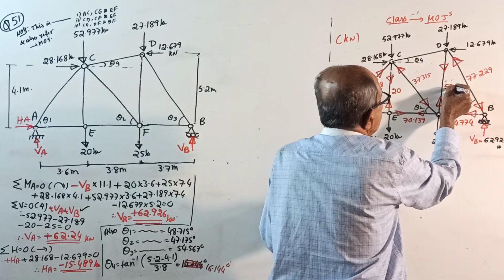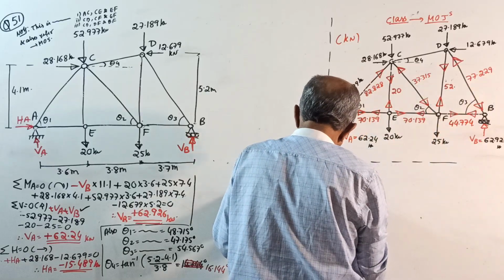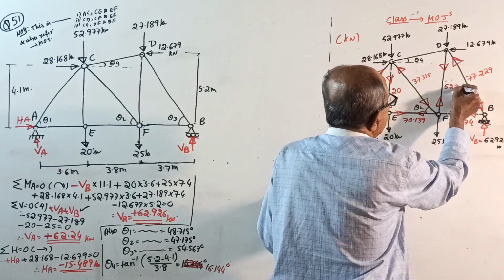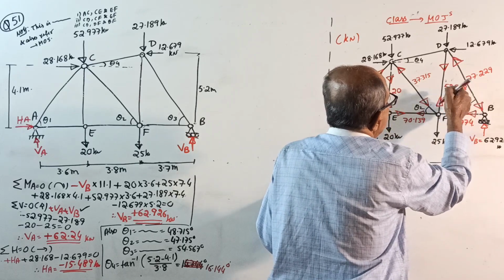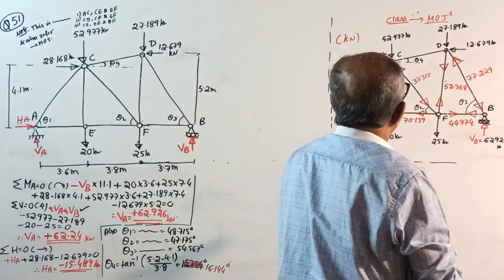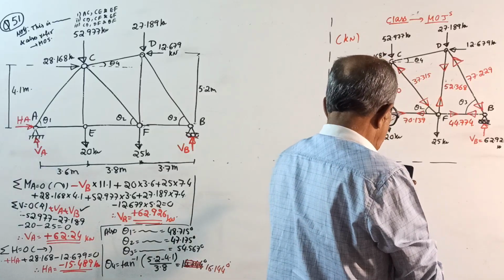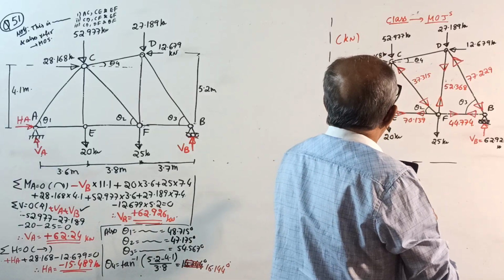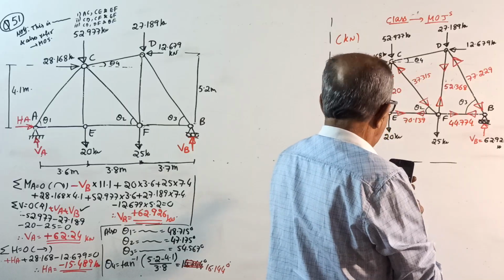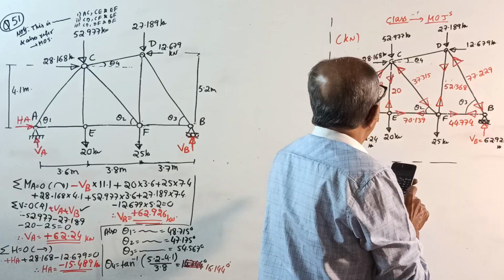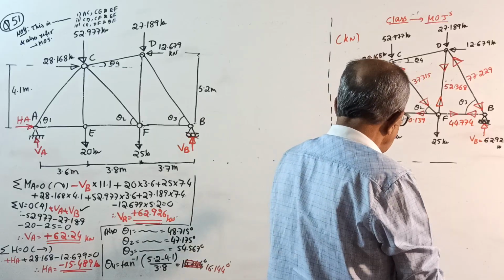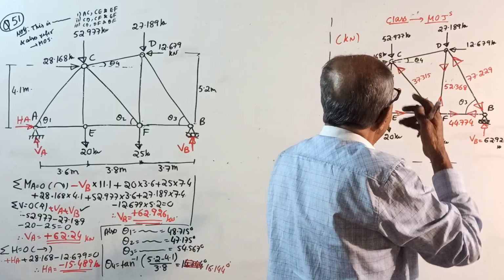I am dictating because it may not be visible. 52.368, slowly I am doing. Now lastly there, 52.368 downward plus 27.189. Two downward forces total 79.557.